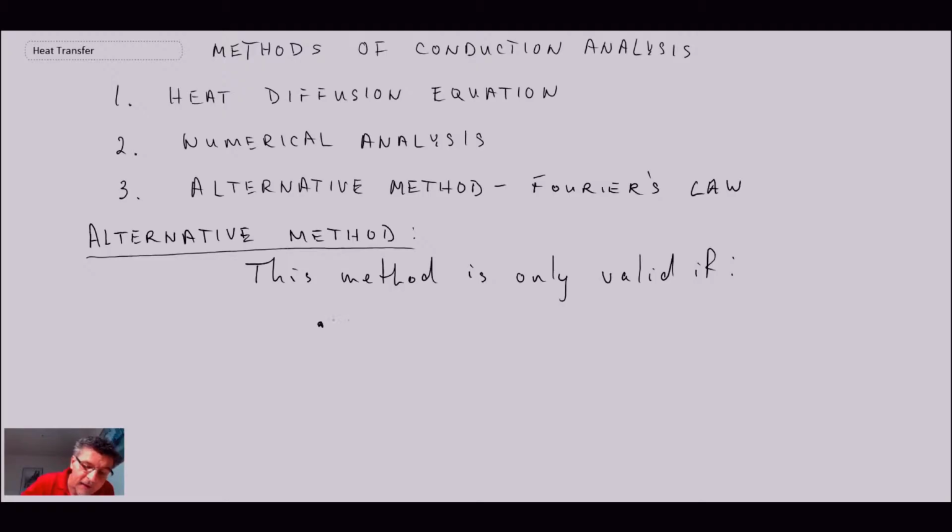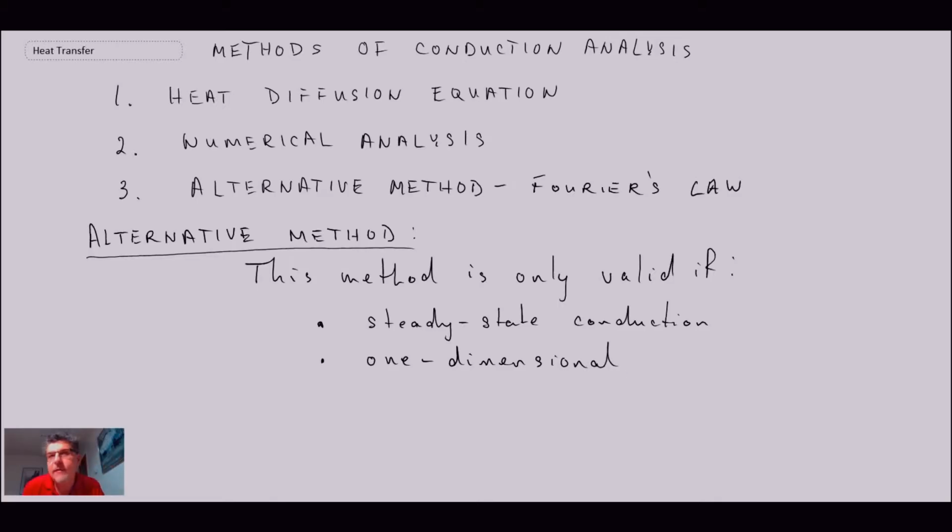We have to have steady state conduction. So that means no transients. The d by dt term goes away. One-dimensional, although we will extend this to problems dealing with cylindrical and spherical coordinates, but for those you consider them to be one-dimensional, and you'll see what we're talking about when we get there.